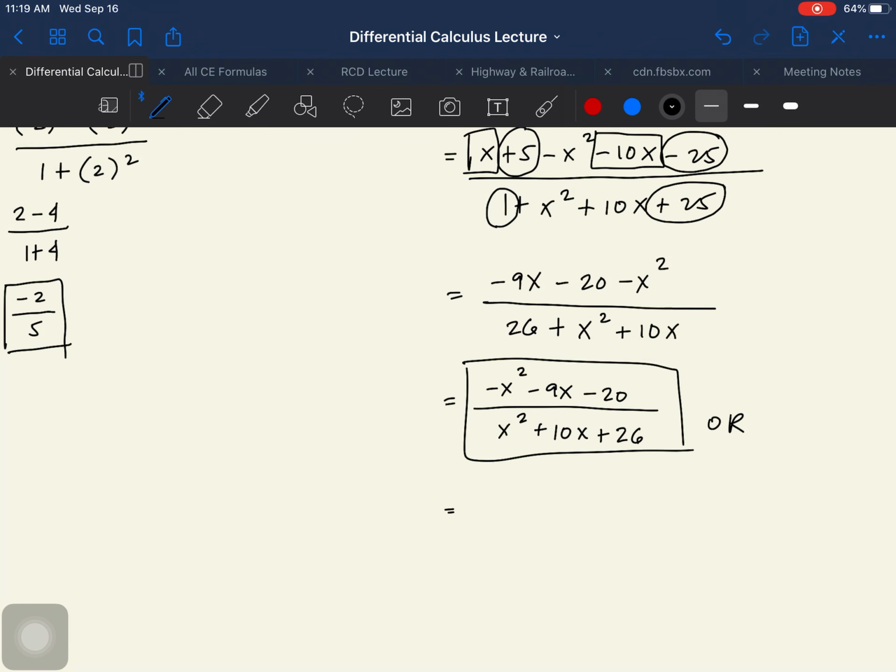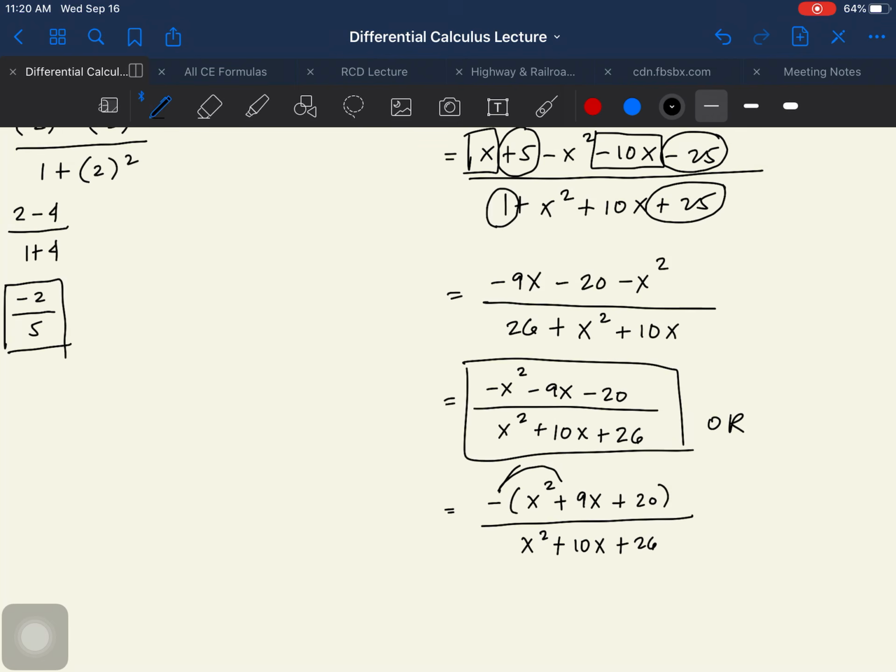Or you can have this form also, negative x squared. So we will be removing the negative sign for x squared, and the rest follows. Positive 9x, positive 20, divided by x squared, 10x plus 26.